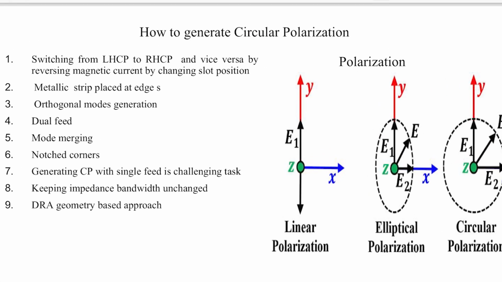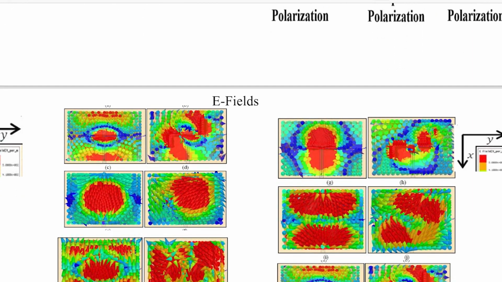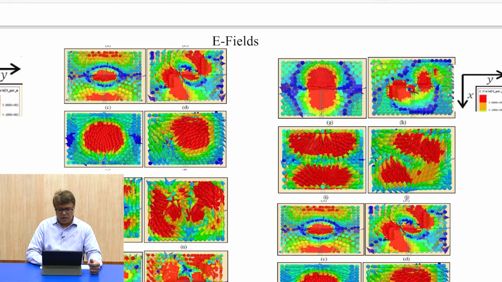Now, these are the fields we have drawn here using CST or HFSS, and here you see the initial field was like this, 1, 2 and 3. It means, if you divide this, there are 5 modes being excited in the x direction.